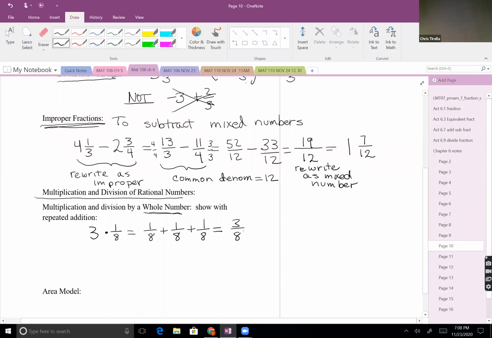I could do that with a circle model. If I had, let's say, 2 times 1/5, I could look at that as 1/5 plus 1/5.